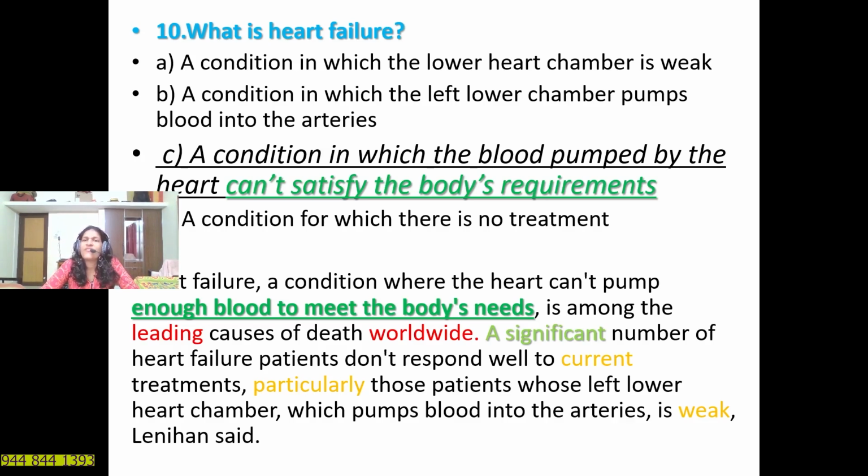It is a paraphrasing here. Right? The sentence is paraphrased here, saying that heart failure is a condition where the heart cannot pump enough blood to meet the body's needs, whereas the option is a condition in which the blood pumped by the heart cannot satisfy the body's requirement. So this is the correct answer. And option D, a condition for which there is no treatment, is not mentioned. So that is the way we find out the answer.